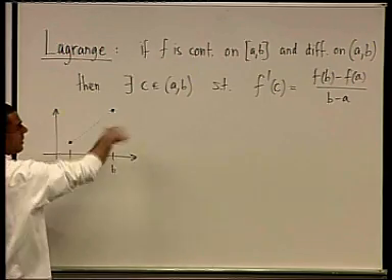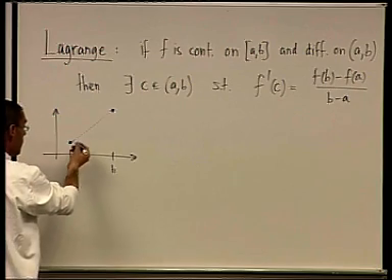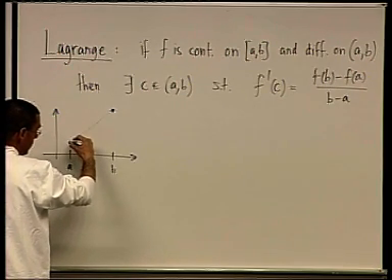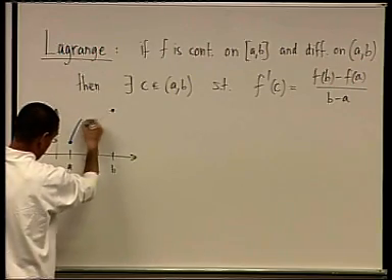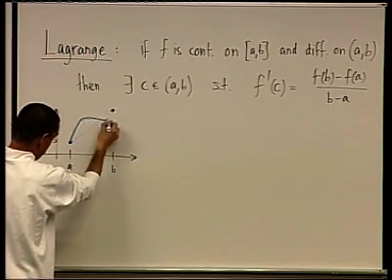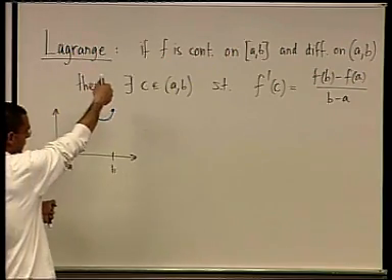So it's f of b minus f of a divided by b minus a. Do you agree? Or the function somewhere either goes above this line, but then it has to come back because it's continuous, or it goes below.